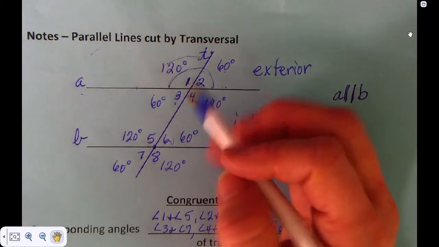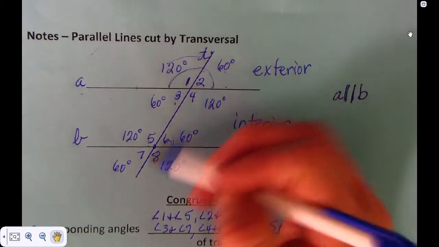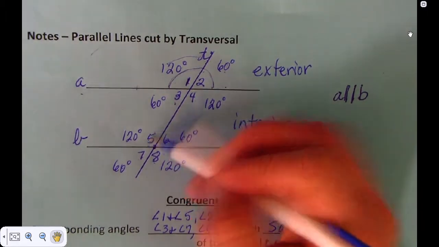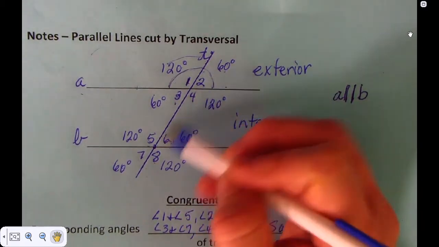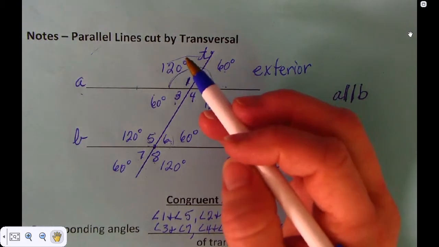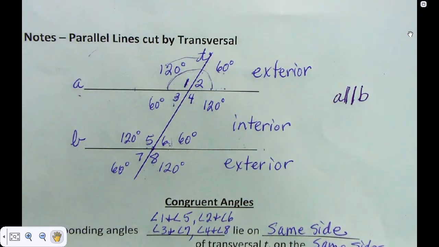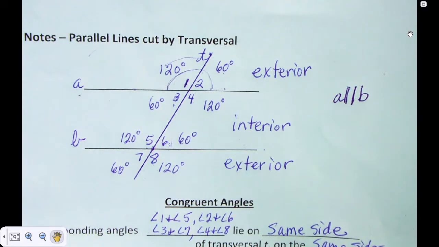The transversal. They're on the same side of the transversal, guys. Same side interior. Doesn't that make sense? Interior, inside the parallel lines, on the same side of the transversal.